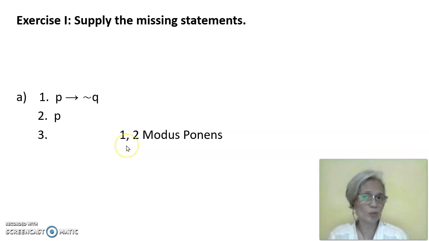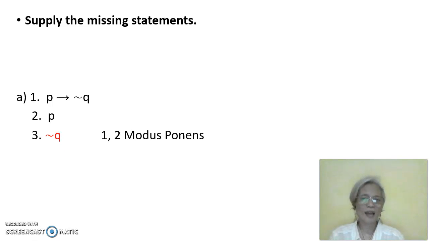Remember modus ponens: P implies Q, if you have P, then you have Q. So you have P implies not Q, we have P, and therefore we will have not Q. The answer is not Q when we apply modus ponens to 1 and 2.